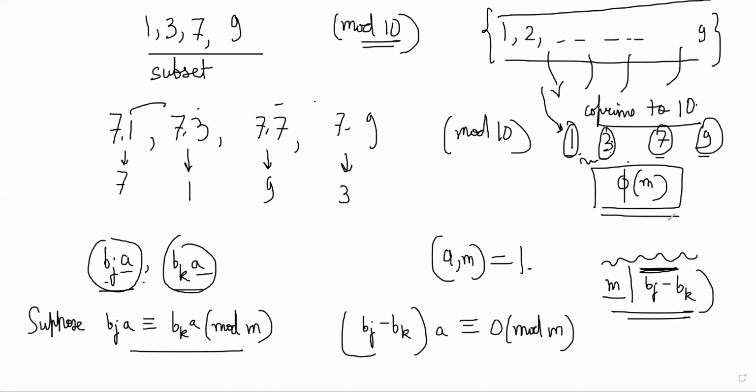Just now I was wondering, if we multiply 7 and 1, could we get something like 2 or 5 that is outside the subset? Because A and 10 were already co-prime.